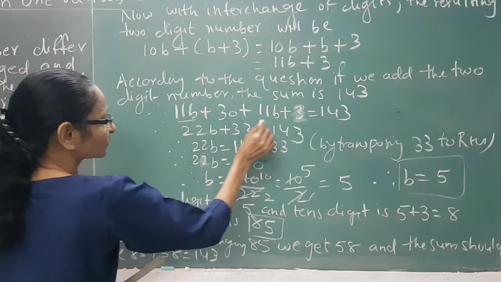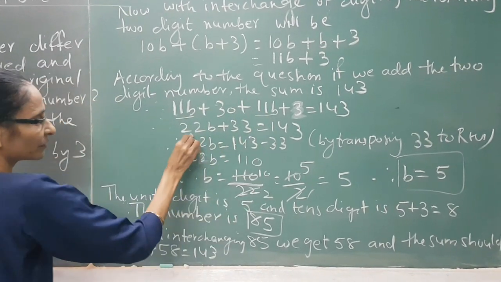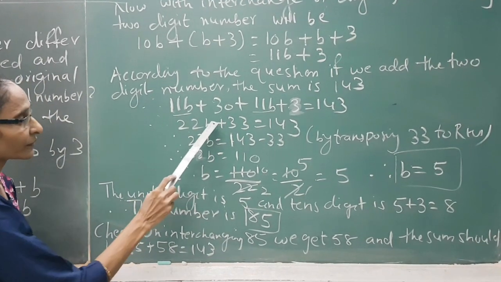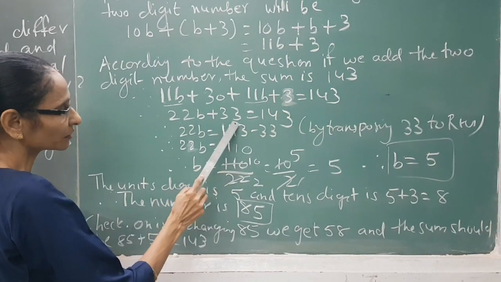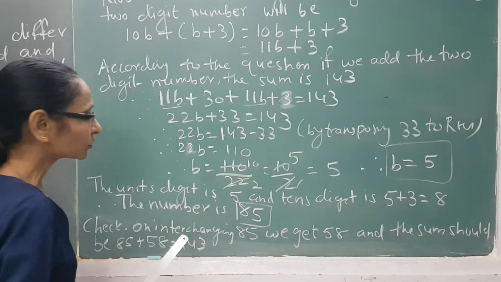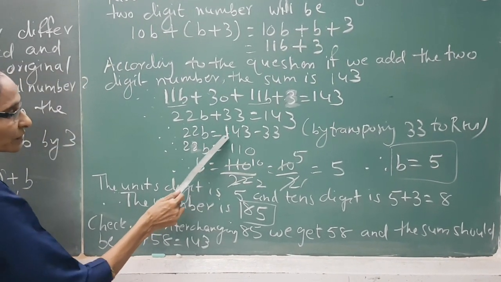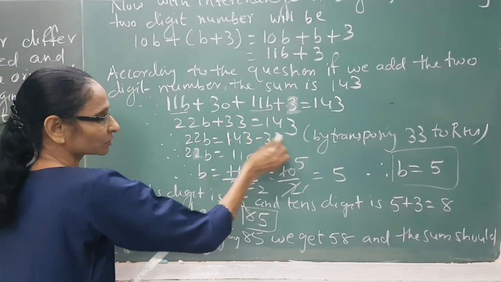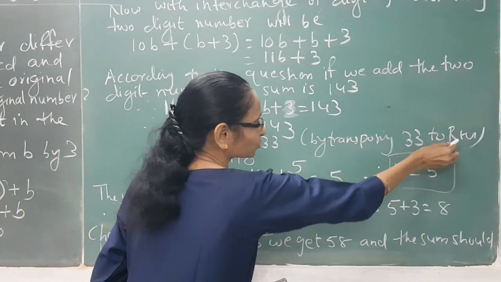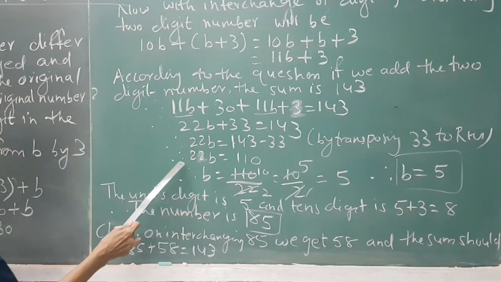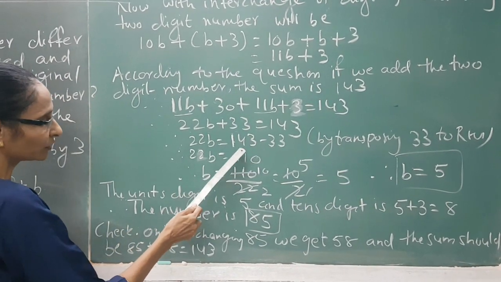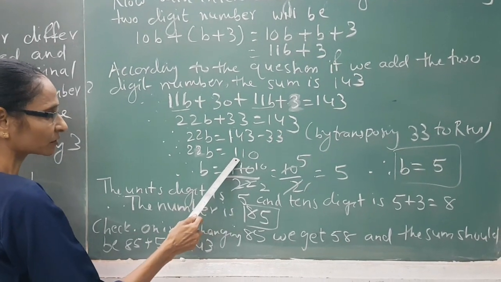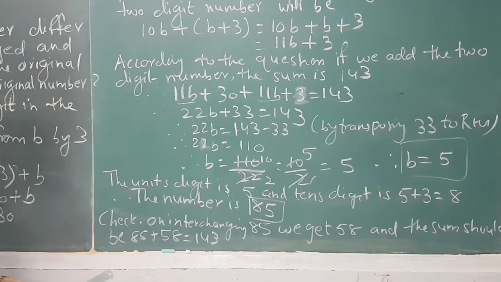Therefore, these two are like terms. 11B plus 11B is 22B, plus 30 plus 3 is 33, is equal to 143. Therefore, 22B is equal to 143 minus 33, by transposing 33 to the RHS. So 22B is equal to 143 minus 33, which is 110.